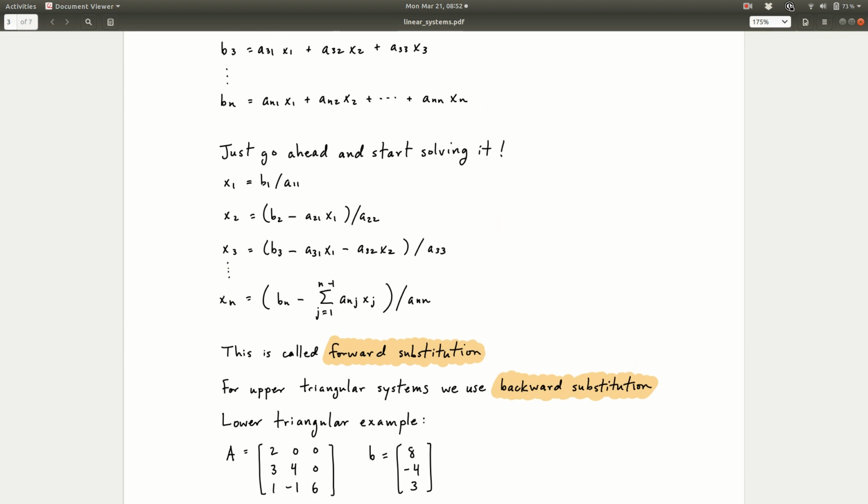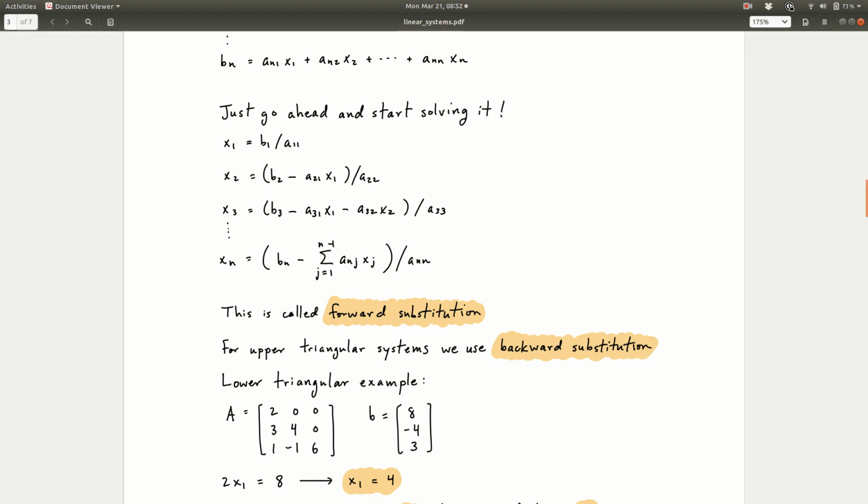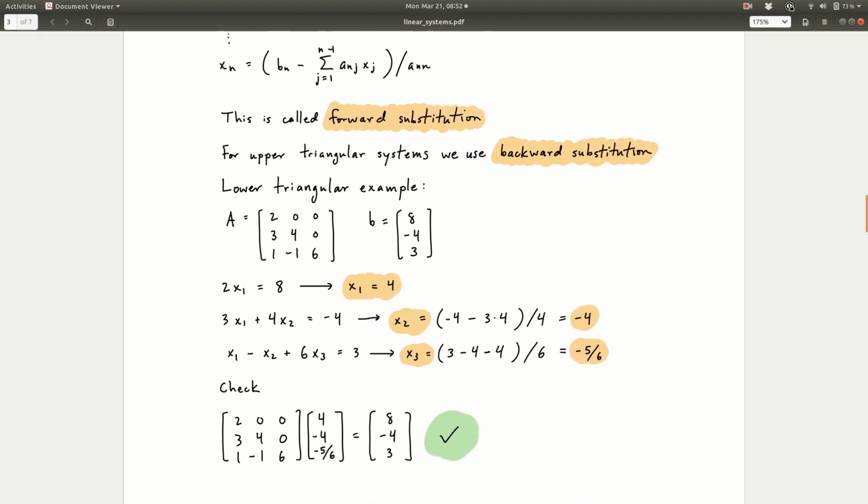Now let's make this a bit more concrete by looking at an example with numbers. So here's our example. We have the matrix A, which is lower triangular and non-singular because there are non-zeros on the diagonal, 2, 4, 6. It's lower triangular because everything to the top right of the diagonal is 0, these 3 entries. So A is a nice non-singular lower triangular matrix. Our right-hand side, for the purpose of this example, is going to be 8, minus 4, 3.